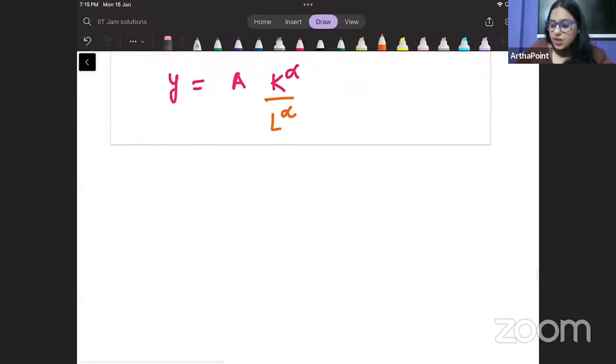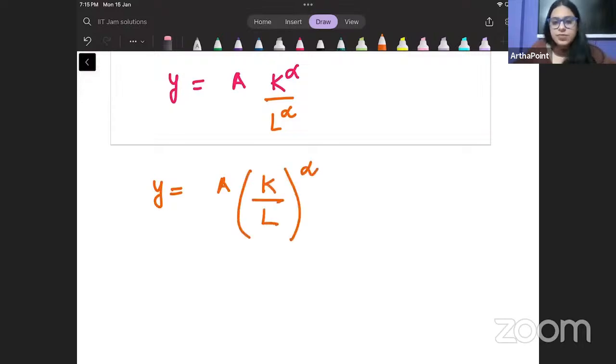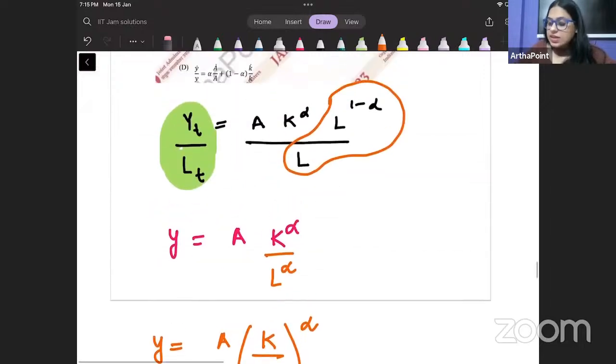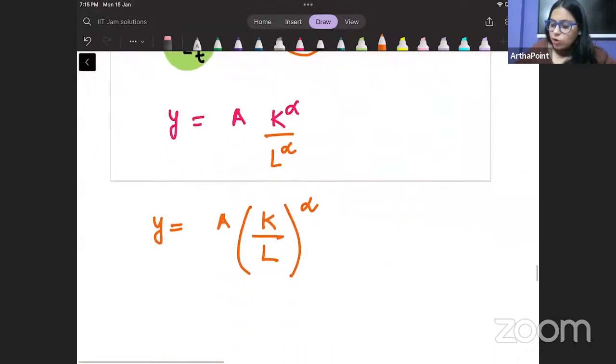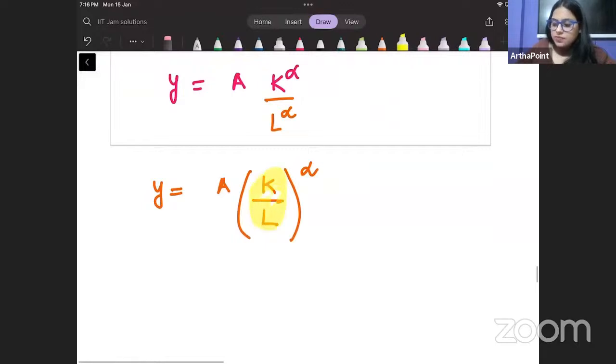Now just look here. I can say small y is equal to A, K by L to the power alpha. But बहुत ध्यान से हमें समझना है, the small k that I have been given, इसको तो K by Y से हमने define किया. We have defined it by K by Y. So I cannot write this as small k.